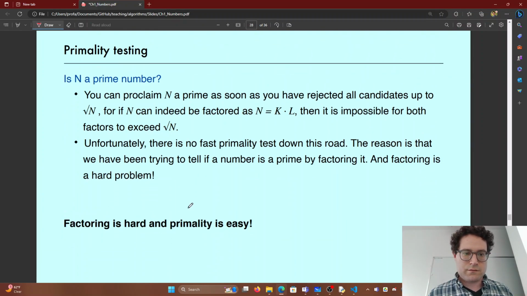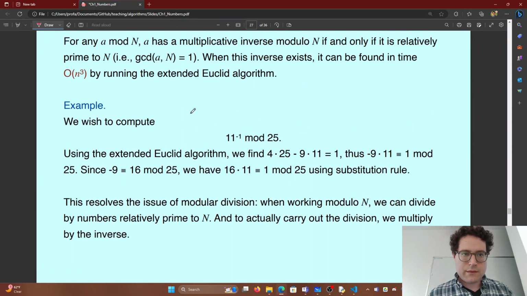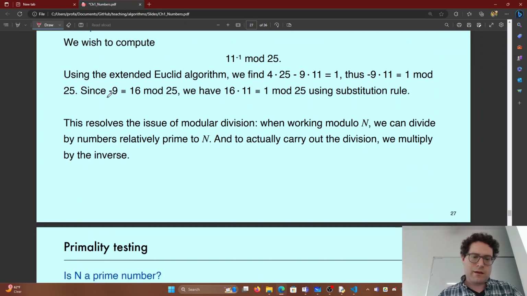And again, because we're doing the Euclidean algorithm, it's going to be n cubed time, where n is the number of bits. All right.